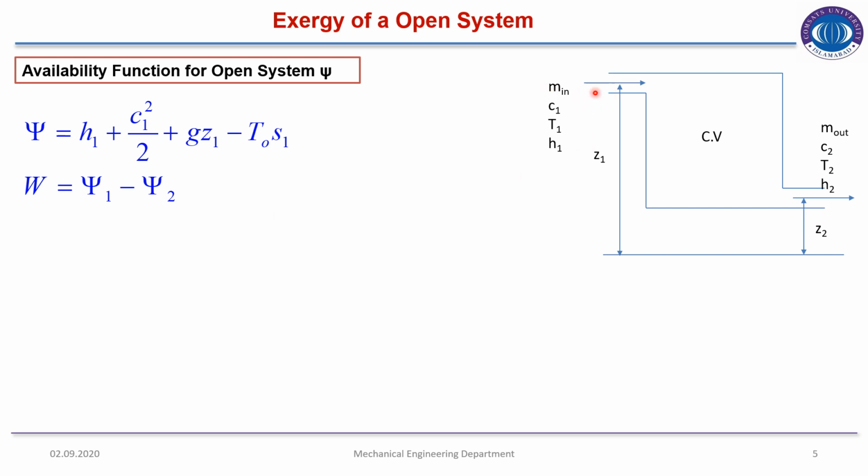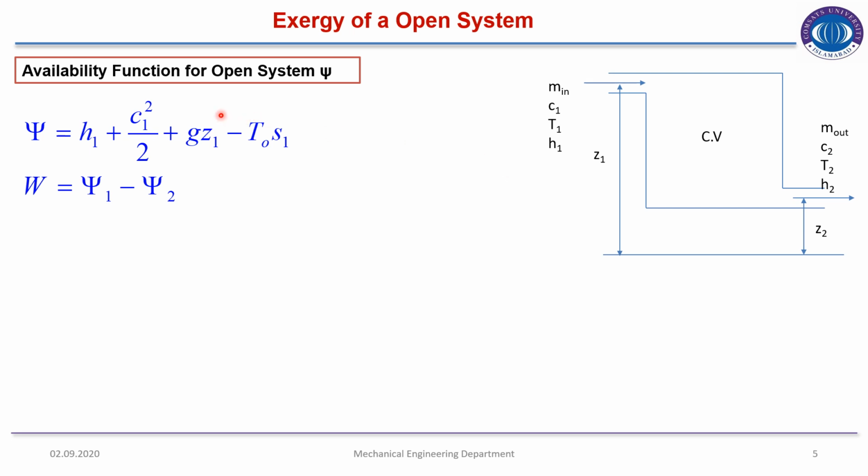In the previous slide we derived the relation for the change in the available energy. Between the inlet and outlet there will be a change in the available energy. To calculate the available energy for open system, we will utilize the relation that was obtained on the previous slide.